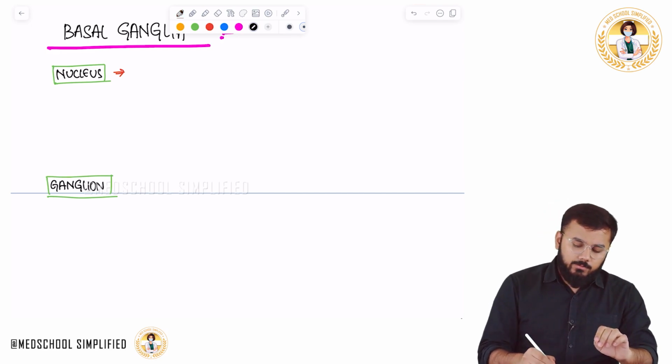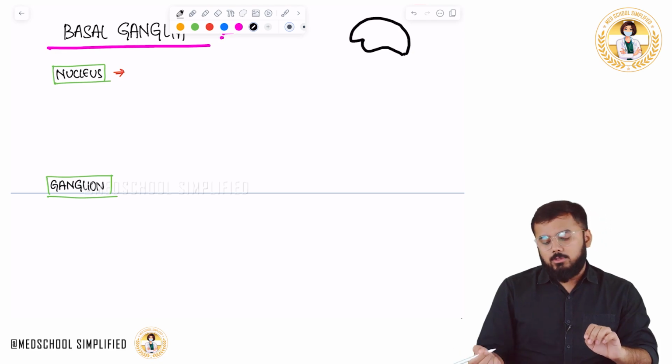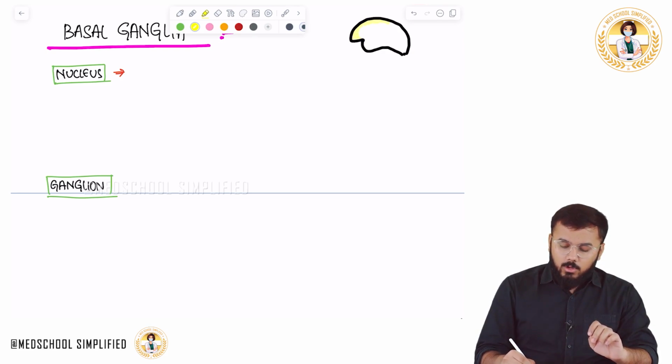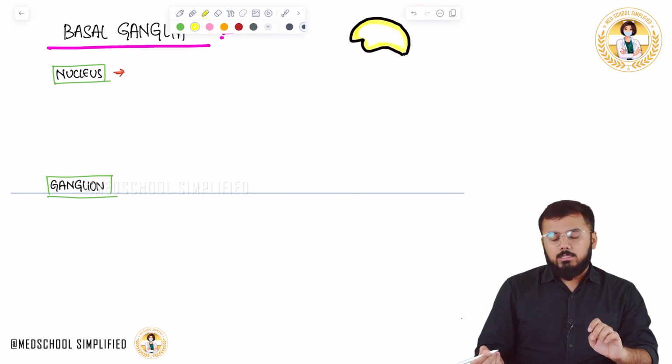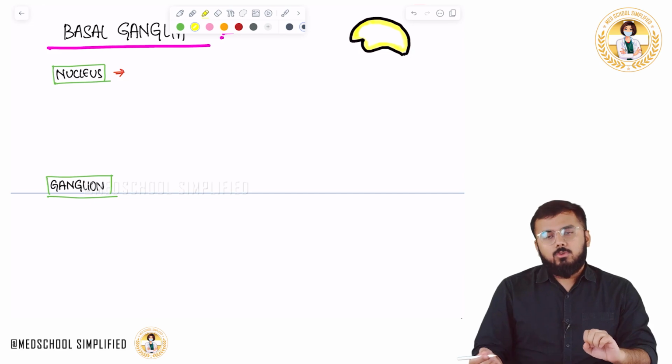So for example, if you take this as your cerebral cortex, within the cerebral cortex, if you very clearly see the outer yellow color part which I'm putting over here, this is your cerebral cortex. This cortex has a matter called gray matter, and the center is white, so this is called white matter.